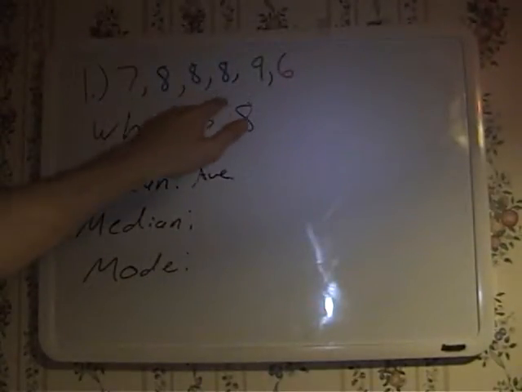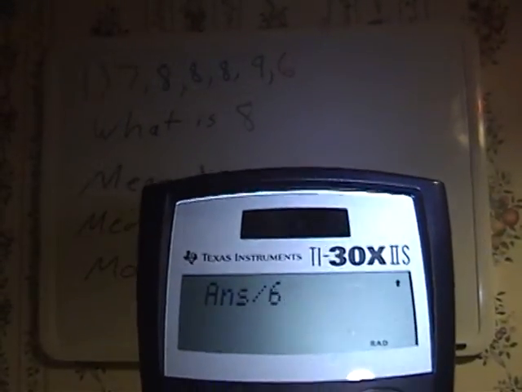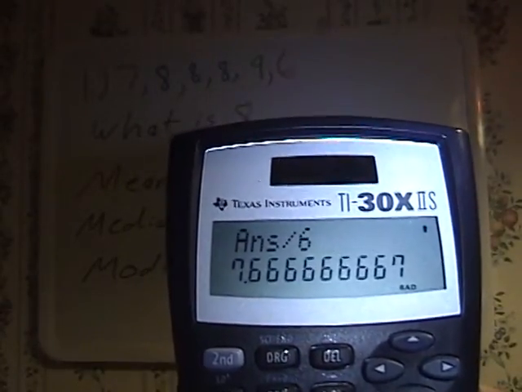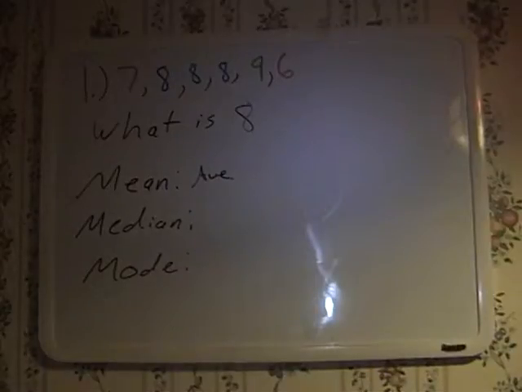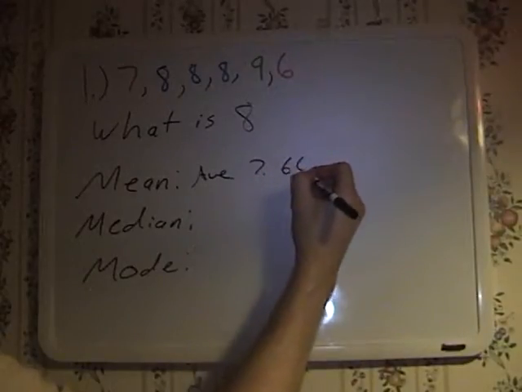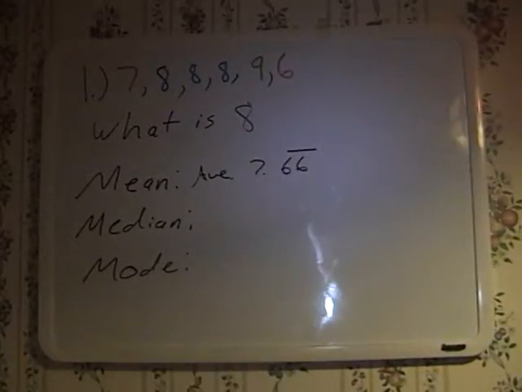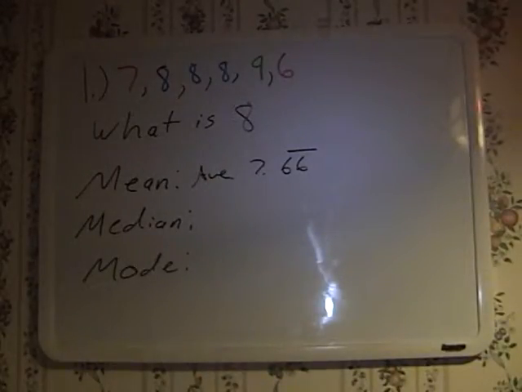Then we're going to divide that by, let's see, 1, 2, 3, 4, 5, 6 numbers. So we divide that by the 6 numbers that we have, and that gives us 7.666666666. And that is our mean. Our average is 7.6, and this bar over the 6s simply means that it repeats on out without ever stopping or changing.